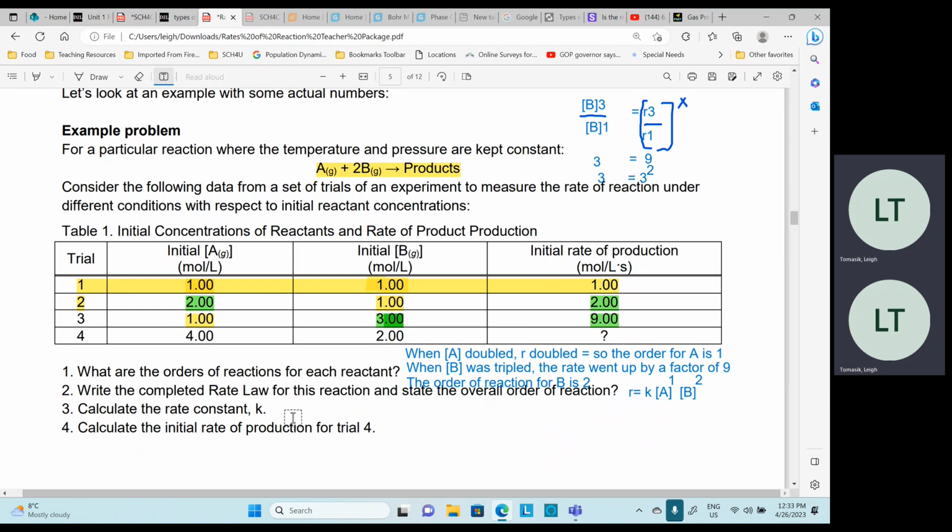Now we can calculate the rate constant K. It's very, very easy. We're just going to use one trial. Let's use trial 3.